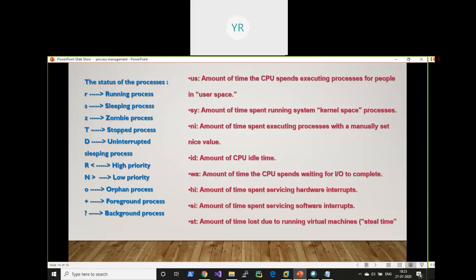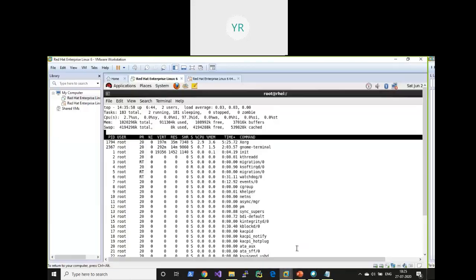Any hardware that is giving an interrupt comes under this HI, percentage of HI. The second one is software interrupts, which means the interrupts generated by the processes. Processes are nothing but programs, software invoked by software. So that comes under the SI category. Here the hardware interrupts are 0% and software interrupts are also 0%.